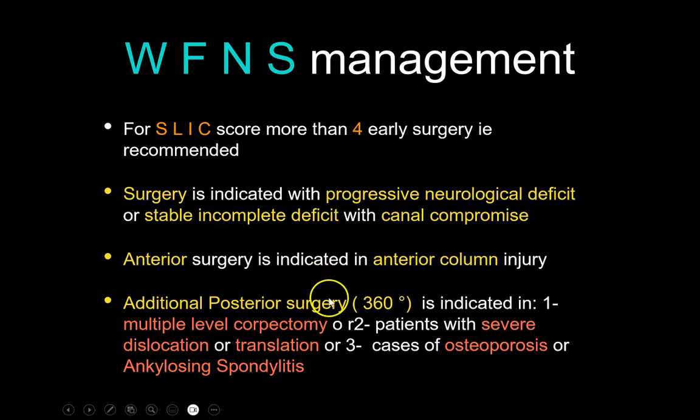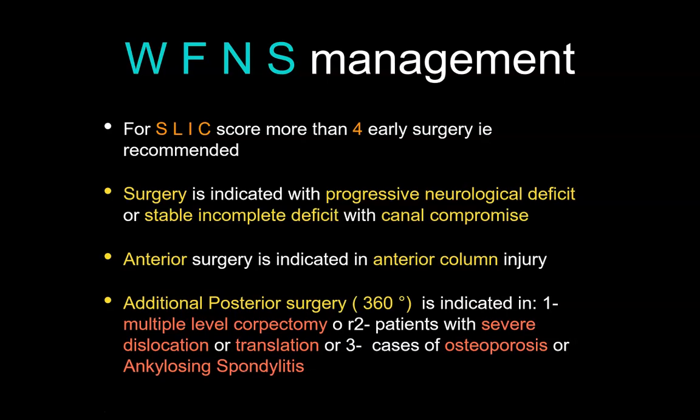And additional posterior surgery, 360, is indicated in cases of multiple levels. You cannot rely on anterior plates only, or in patients with severe dislocation or translation. We cannot rely only on anterior, or in cases of severe osteoporosis and ankylosing spondylitis.